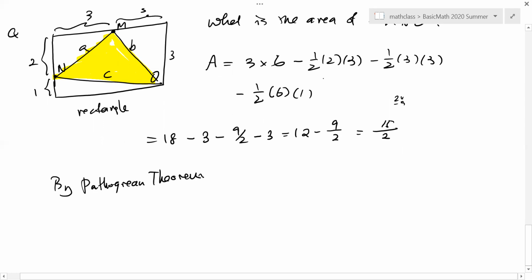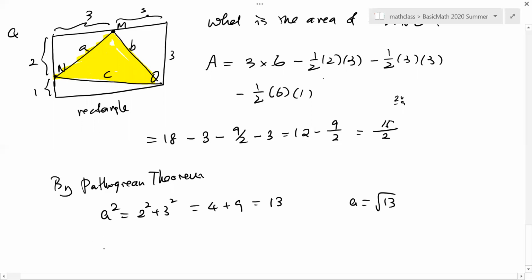They're very strange sides. So for example, a squared is going to be 2 squared plus 3 squared, right? Just apply the Pythagorean theorem. It's going to be 4 plus 9, which is 13. So what is a? a is going to be the square root of 13, a very strange number.